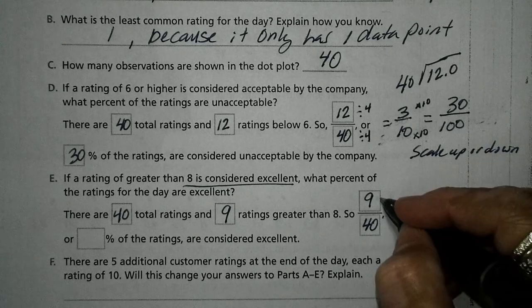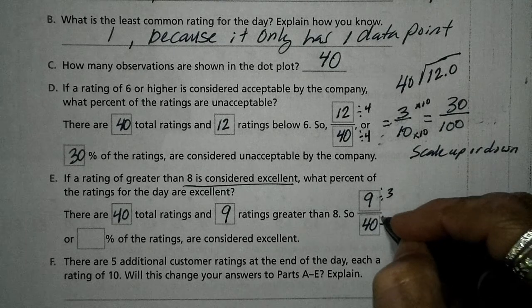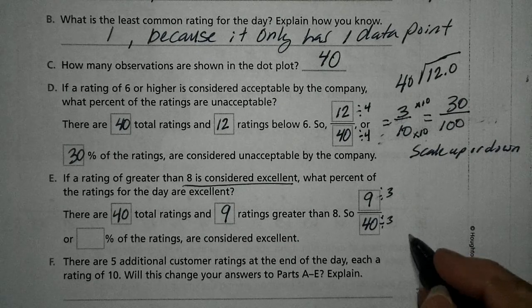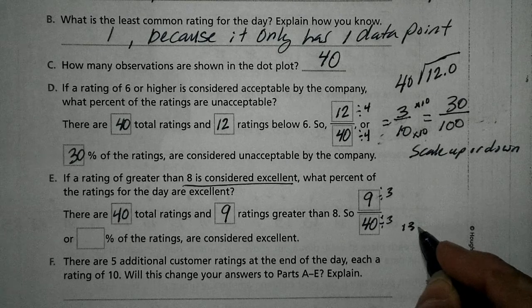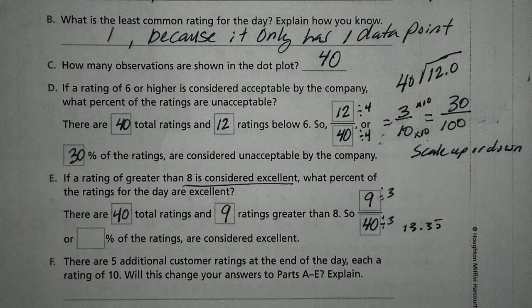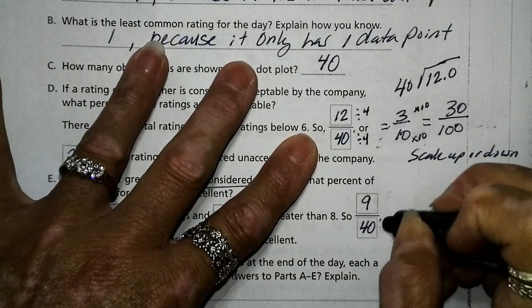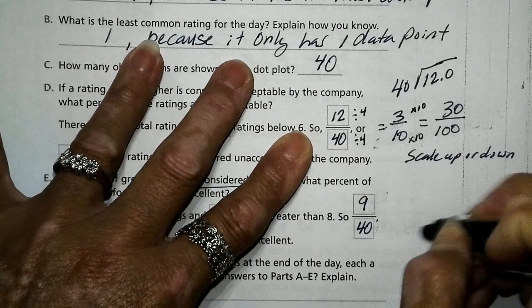I don't think so. The only thing that would go into 9 is 3. And if I divide 40 by 3, I don't get a pretty number. I get 13.333333. It repeats. So we can't reduce this. So what we're going to have to do is divide.